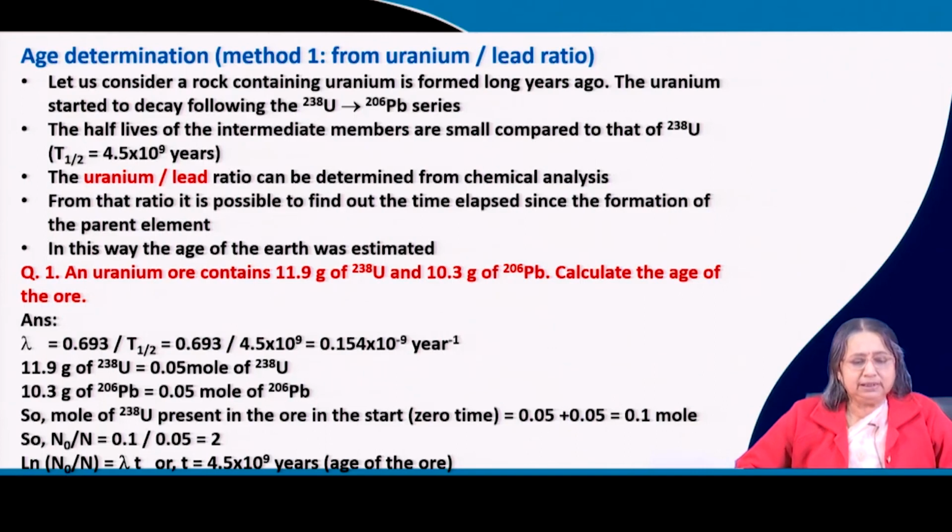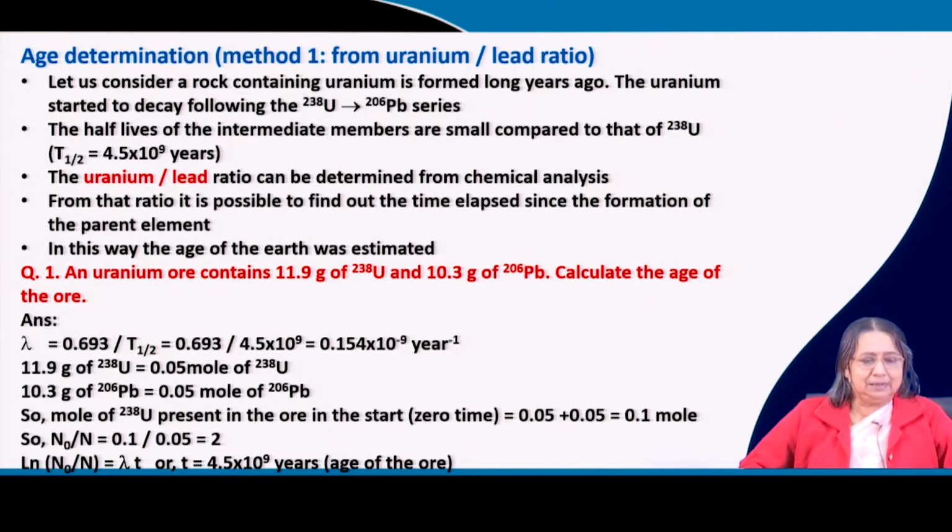From that ratio it is possible to find out the time elapsed since the formation of the parent element. How much time has elapsed from when it was first formed to the present, that is the age of the ore.